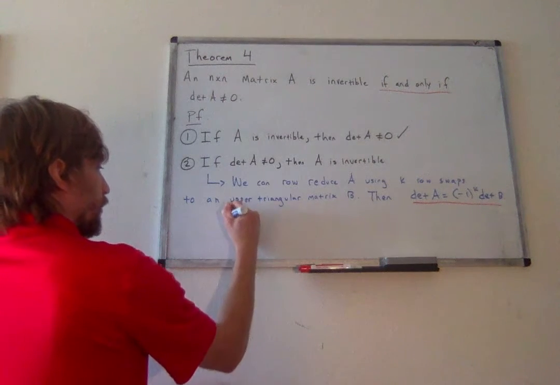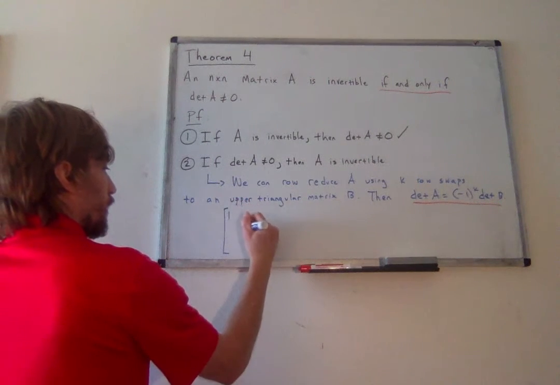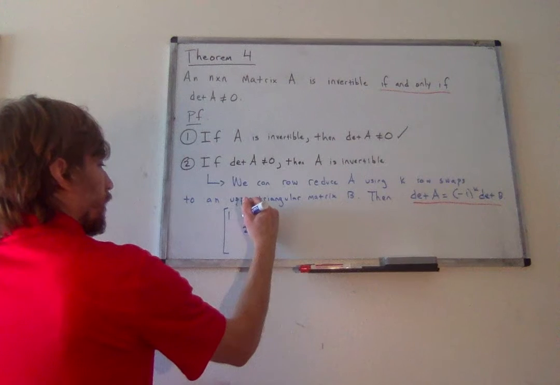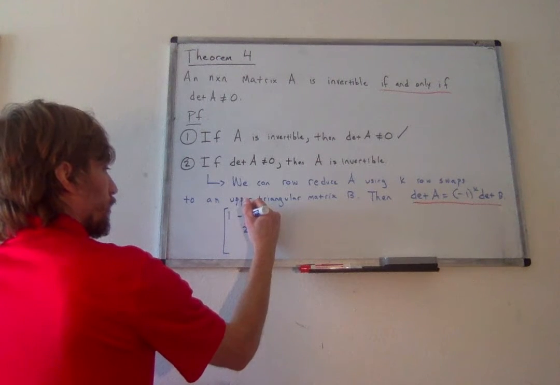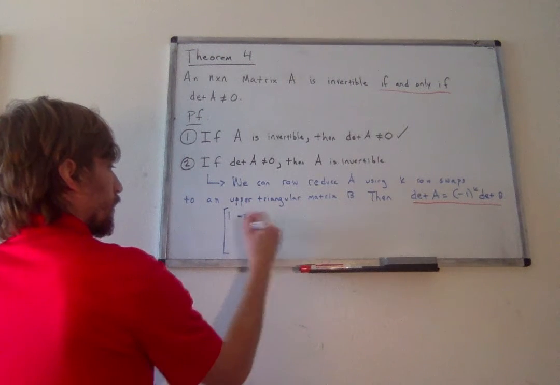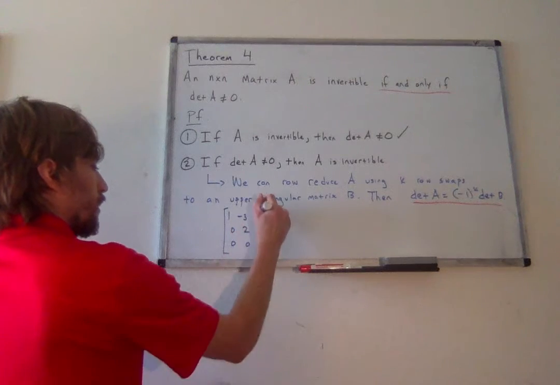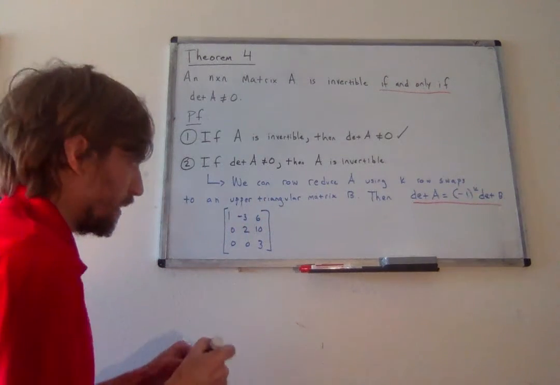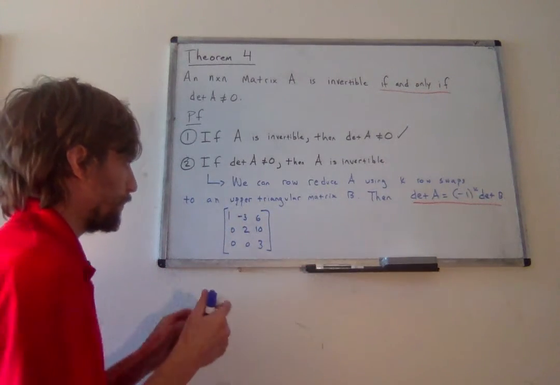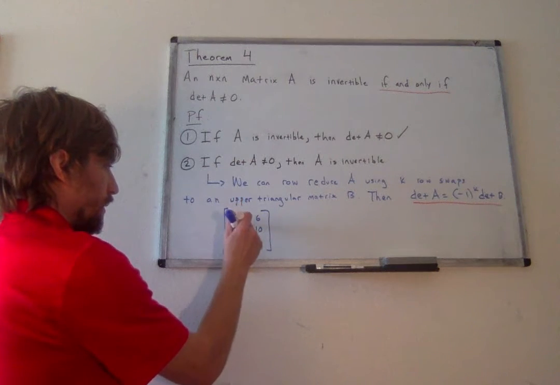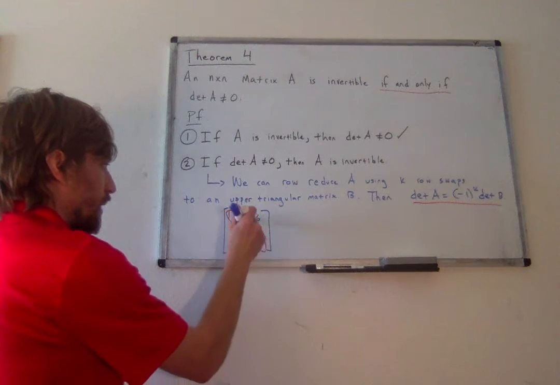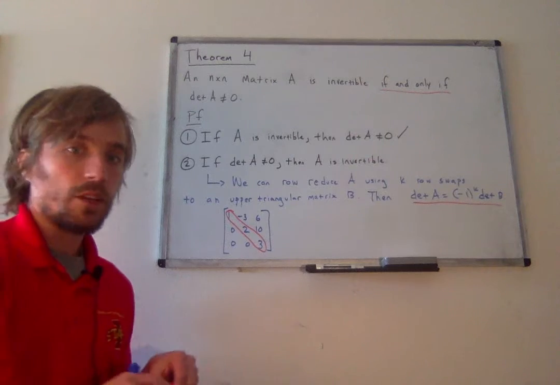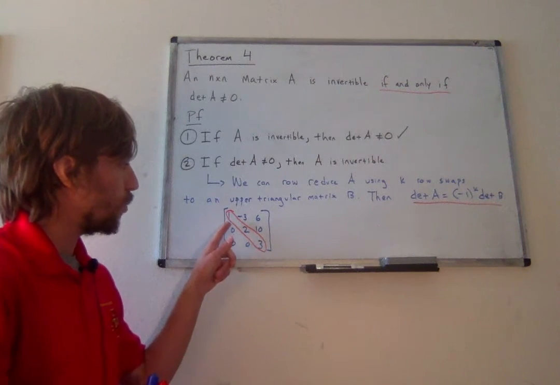And real quick, I'll give you an example of why. Let's just say I had this arbitrary matrix and circled its diagonal. This matrix is upper triangular, so the diagonal entries are 1, 2, and 3.